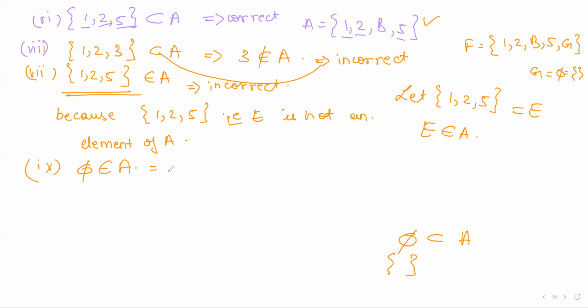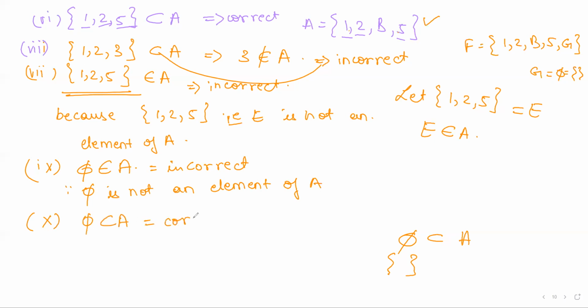That's why the statement is incorrect. Reason being, since phi is not an element of A. Hence, phi is a subset of A. This is universally true. It's a correct statement.